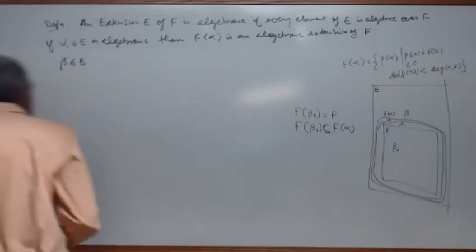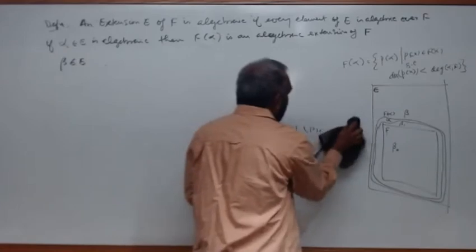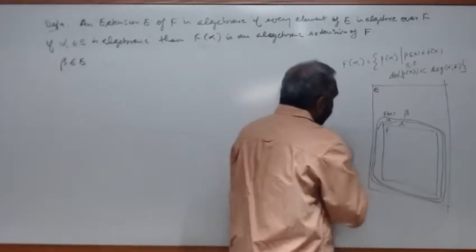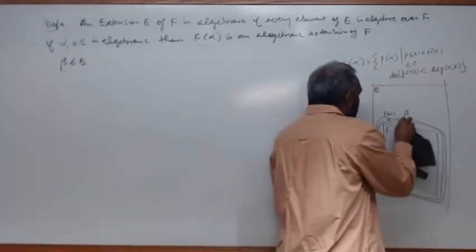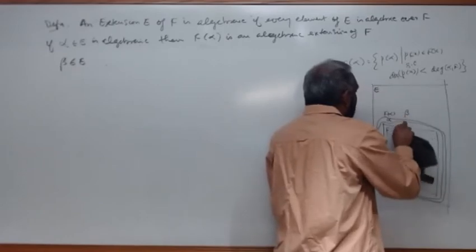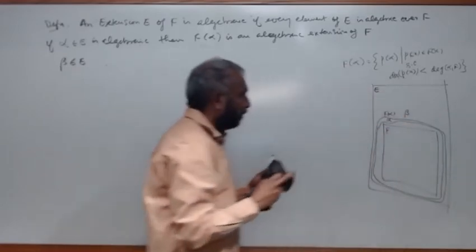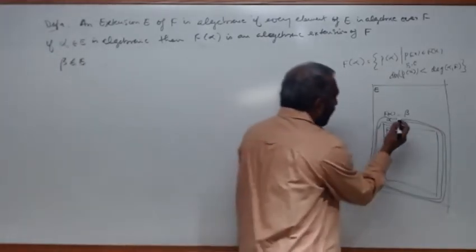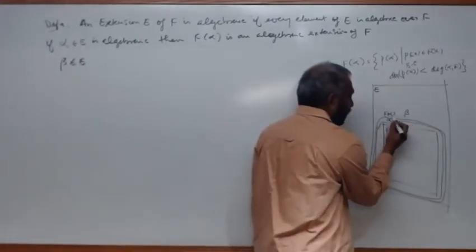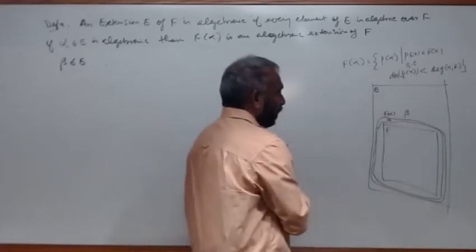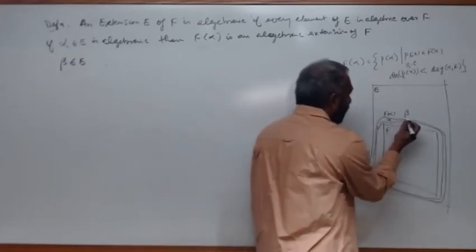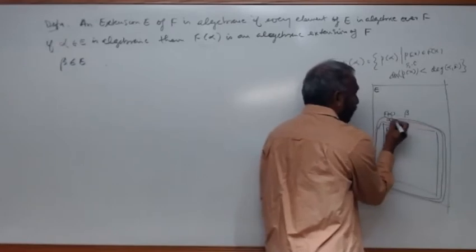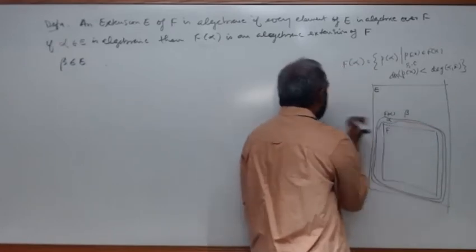So let us assume that we are taking elements from E but not inside F(alpha). Meaning beta cannot be expressed as a linear combination of powers of alpha.